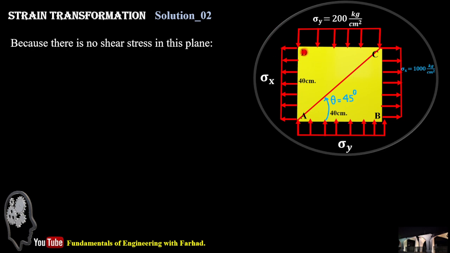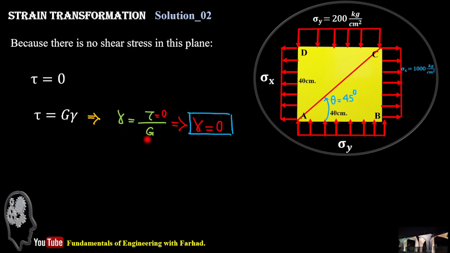That gives us tau, or shear stress, equal to 0. Tau is equal to G times gamma, Hooke's law in shear, and since the shear modulus is a number that cannot be zero, tau being zero gives us gamma is zero.